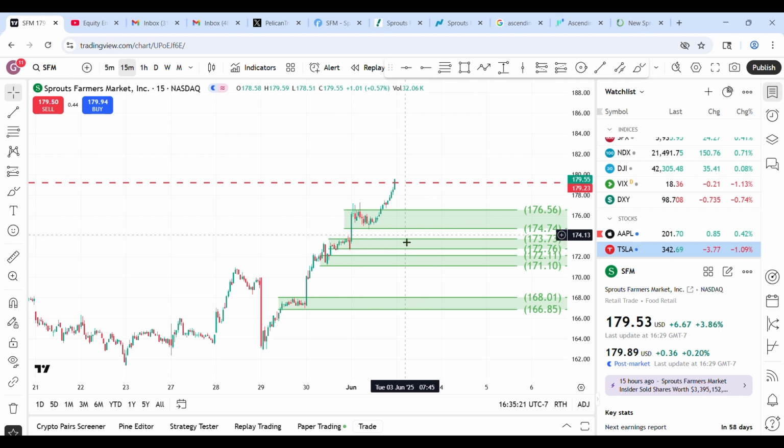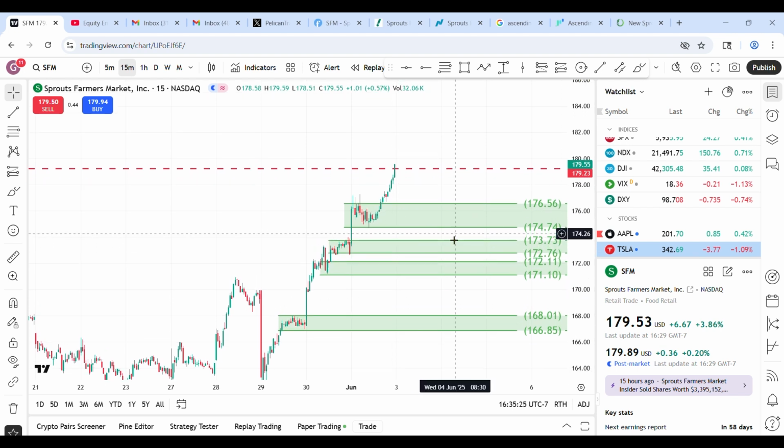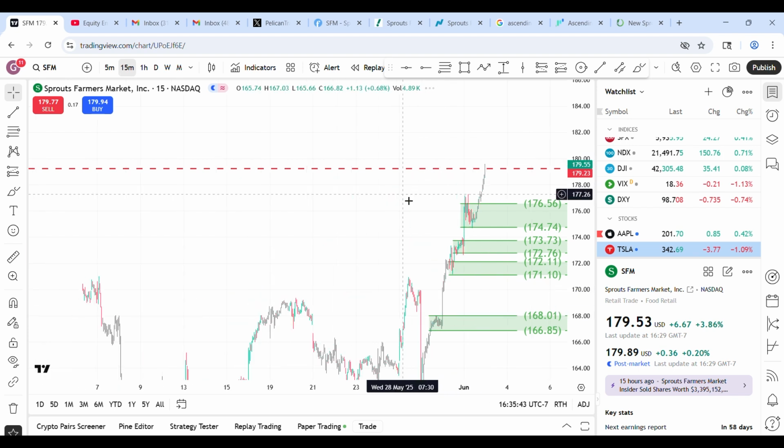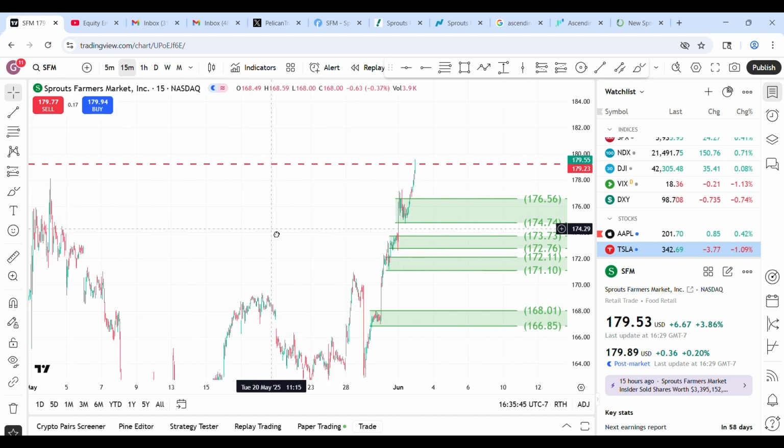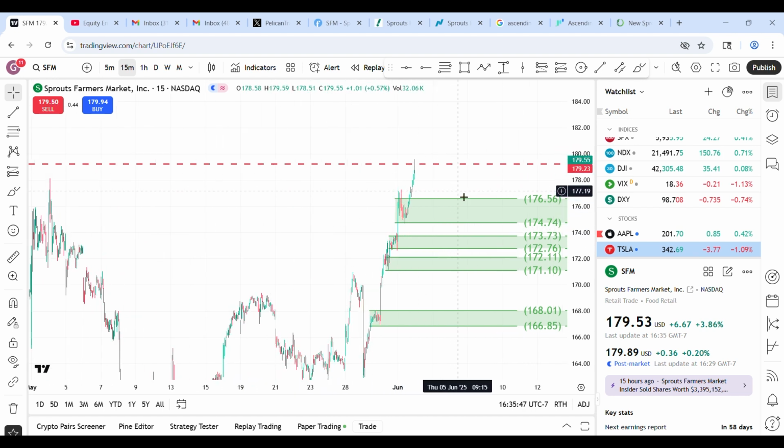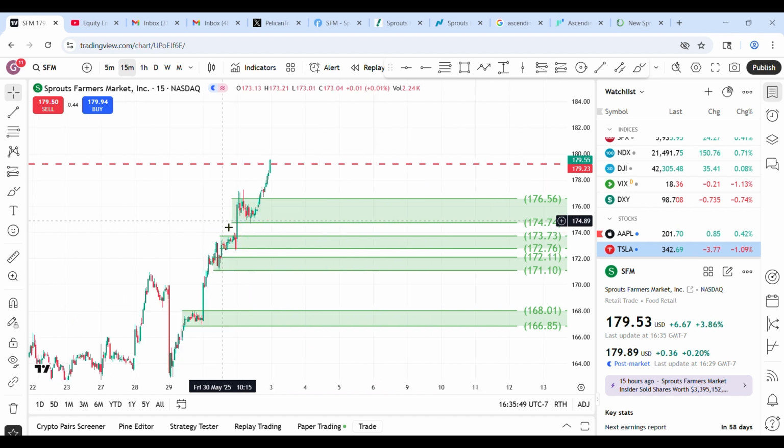If you want to be not too hot, not too cold, the Goldilocks zone is right here in the middle. Price might not pull back all the way down there, but you'll have more reward relative to the risk. If you want to be a really patient investor, you can wait for a potential pullback into 168, there's another option. But the most aggressive trade here would be pretty close to the breakout trade, where you wait for a pullback into this 176 price range before heading higher.